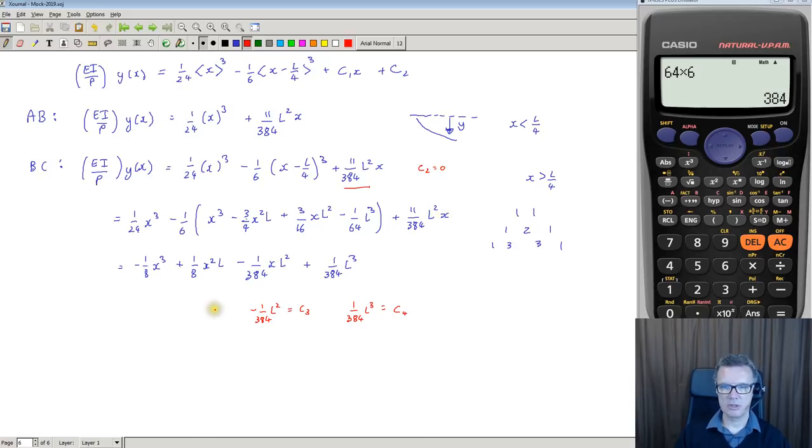So what I was going to do before I finish this, again, all of this page is unnecessary. I will just check my final answer. So I will check by looking at this equation and seeing whether it equals 0 when x equals L. So let's do x equals L first.